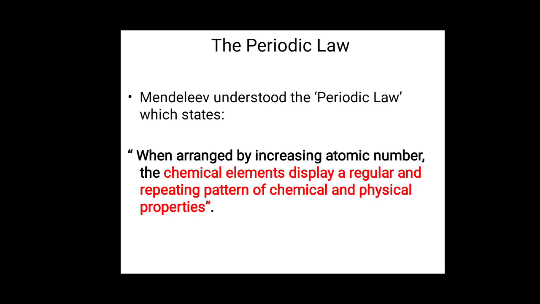What is the periodic law? Mendeleev understood the periodic law. It states that when arranged by increasing atomic number, the chemical elements display a regular and repeating pattern of chemical and physical properties.